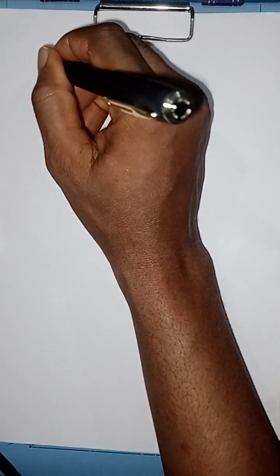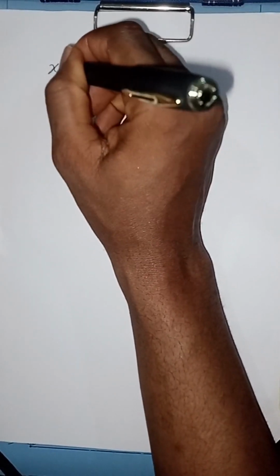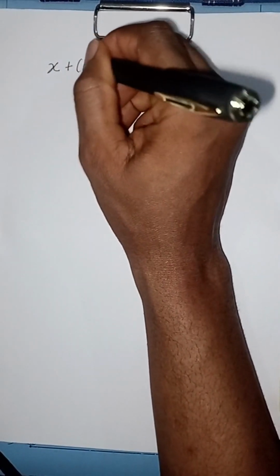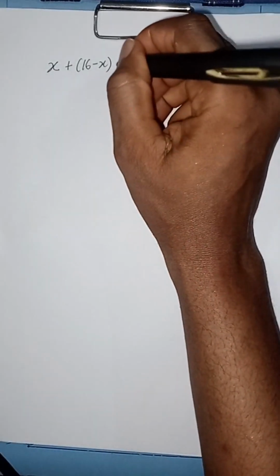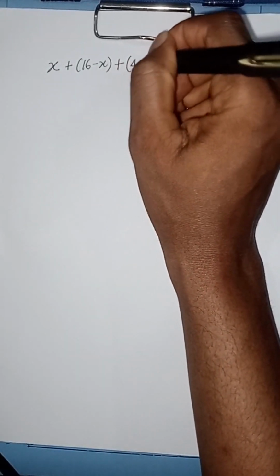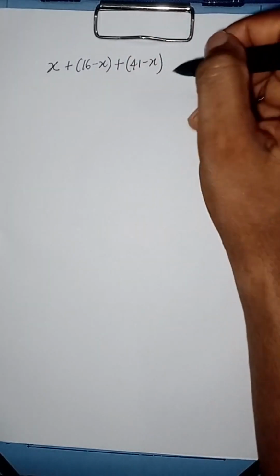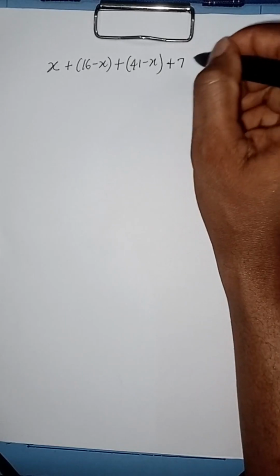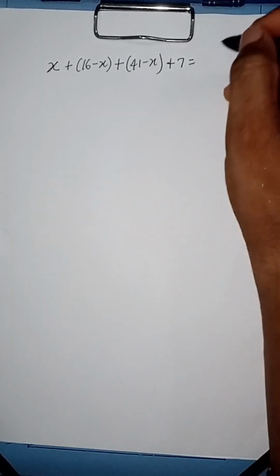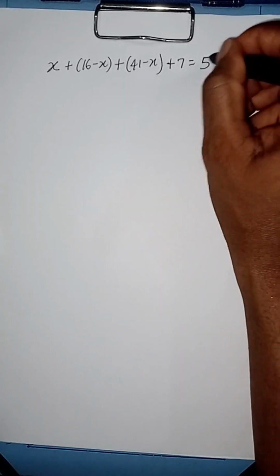So we are going to write out the values from the Venn diagram. We have X plus 16 minus X plus 41 minus X plus 7 equal to 50.